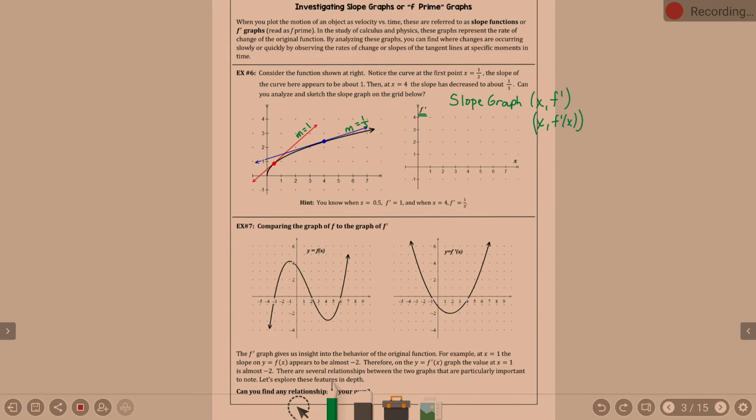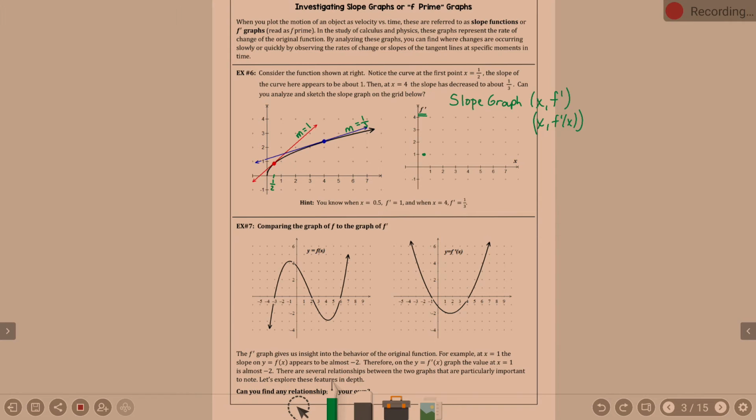So now, at this red one, my x value was 1/2, yes? So on the graph, when x equals 1/2, my slope is approximately 1. On my slope graph, that means I'm going to have a point at the ordered pair 1/2, comma 1. I know it appears to be in a similar place, but that's coincidence.